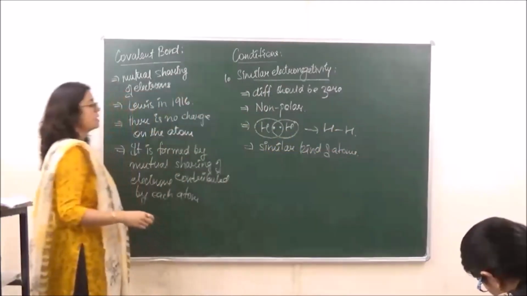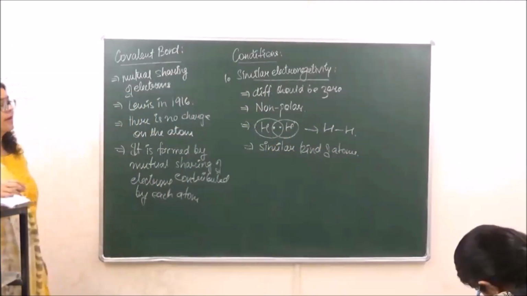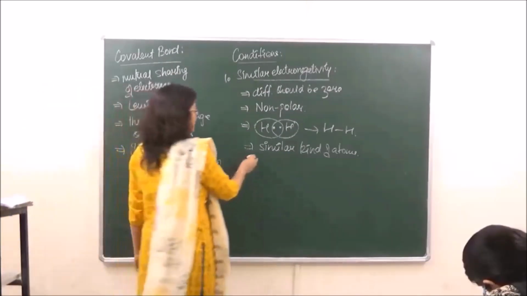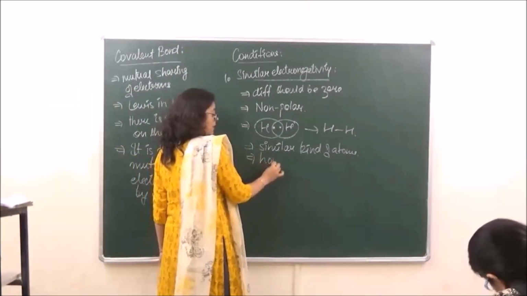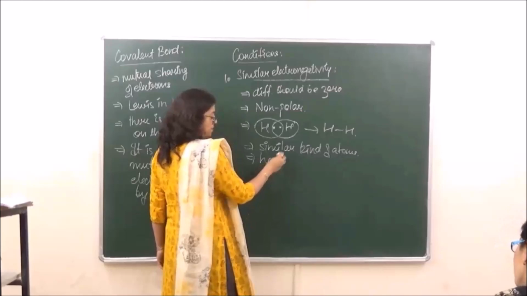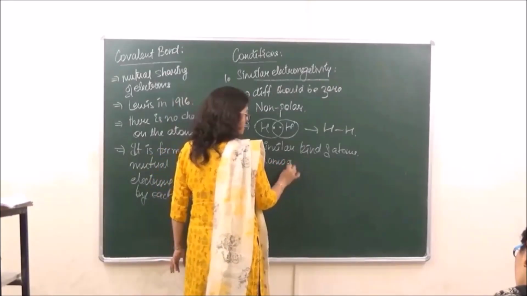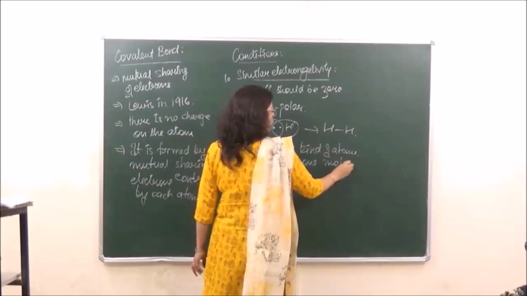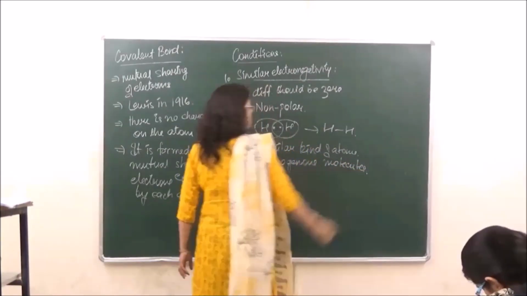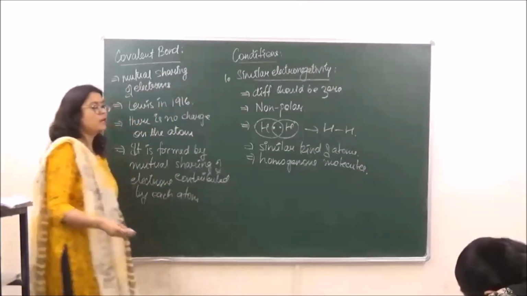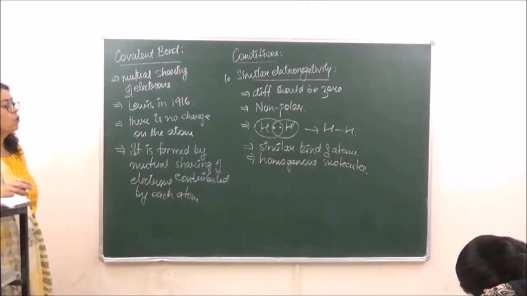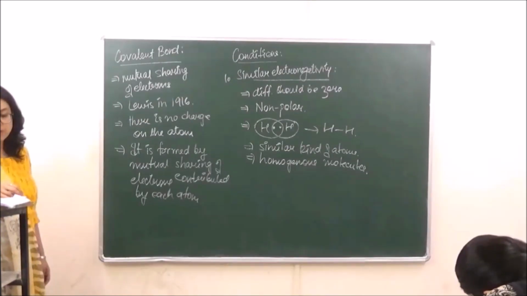So that is what a non-polar bond is. Or in other words, this kind of bond is formed in between homogeneous molecules, that is molecules having the same kind of atoms. Homoatomic molecules also you can write down.